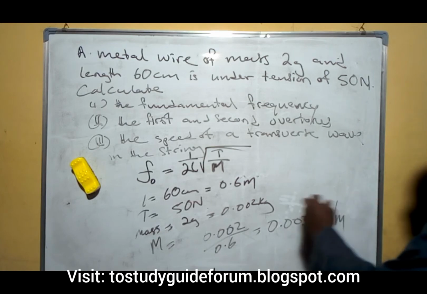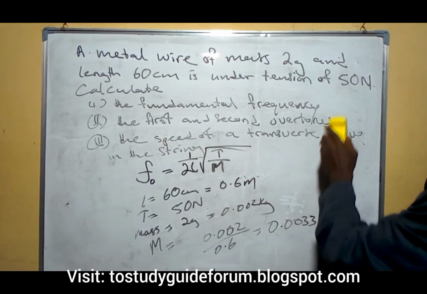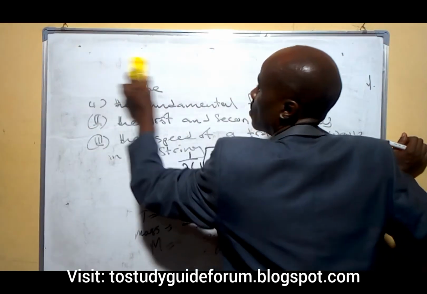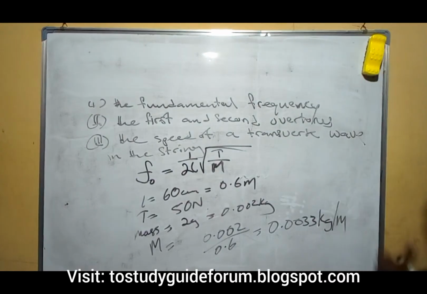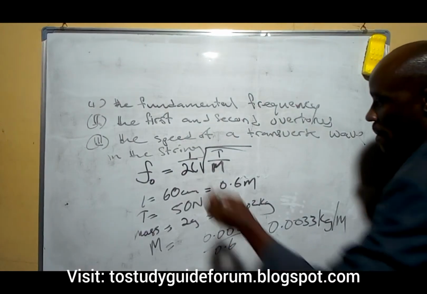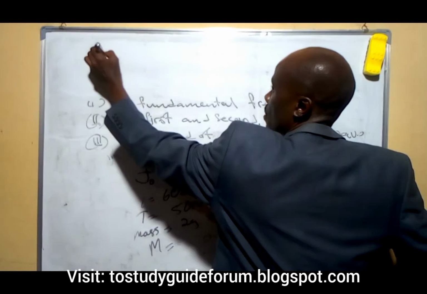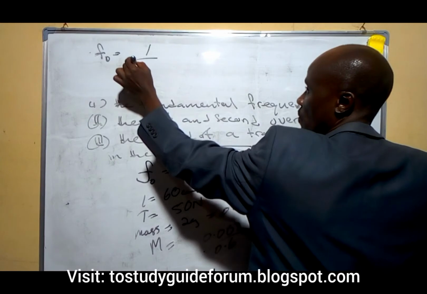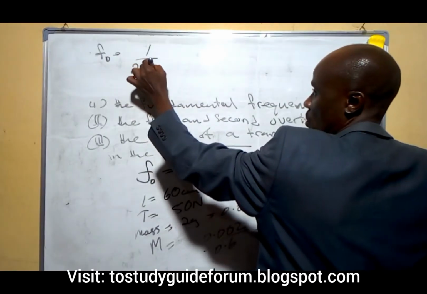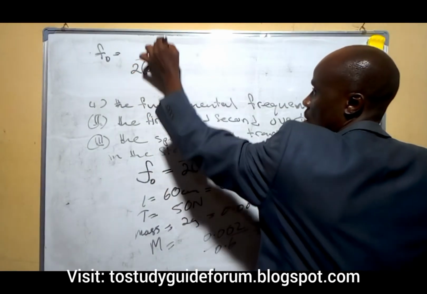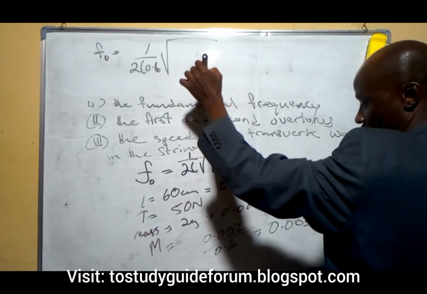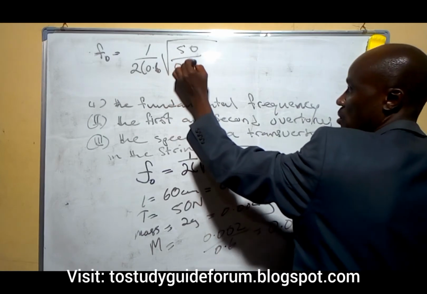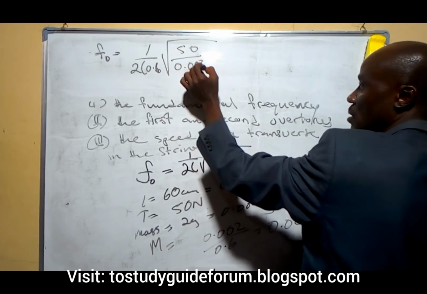So if we substitute, we'll have the fundamental frequency is equal to 1 over 2 bracket 0.6, square root of the tension, which is 50, all over 0.0033.